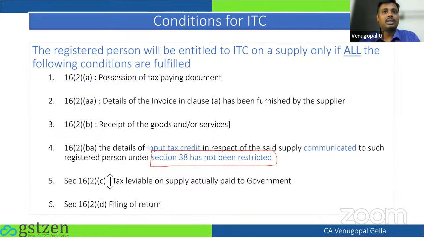Lastly, we have another important condition which has been challenged in various courts, and the challenge is that the taxes should actually have been paid to the government. This is another condition, that the supplier should have paid the taxes to the government. Now you may ask how can I verify that the supplier has paid the taxes to the government?